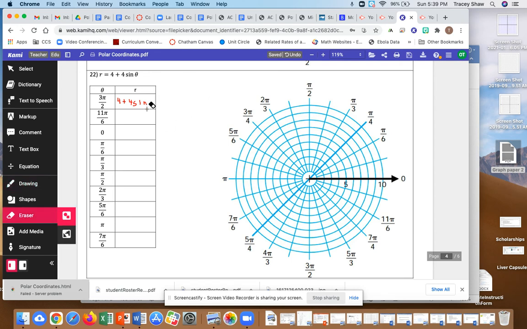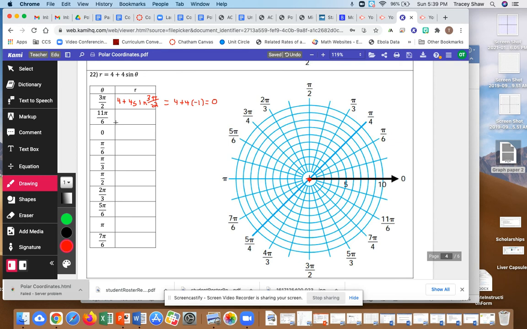My theta is 3 pi over 2. All right, the sine of 3 pi over 2 is -1. So this would be 4 plus 4 times -1. And this would end up being 0. So 3 pi over 2 has a 0 radius, which means I can't go anywhere. I'm at the center.